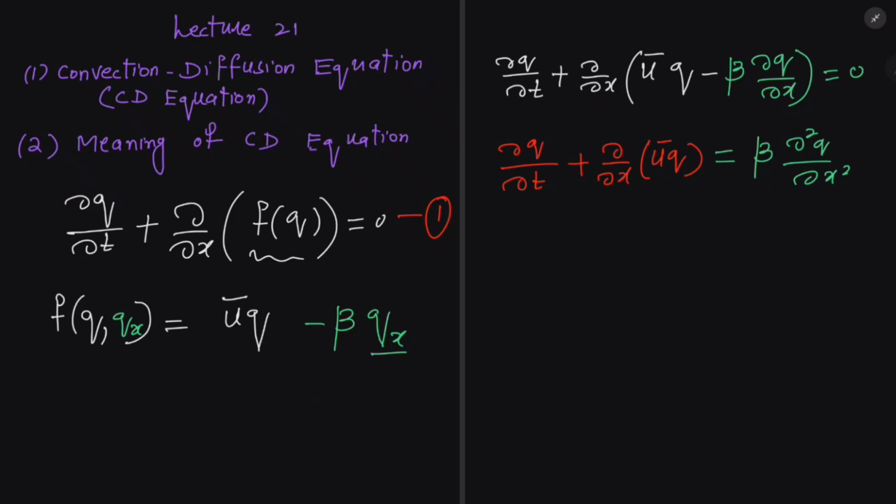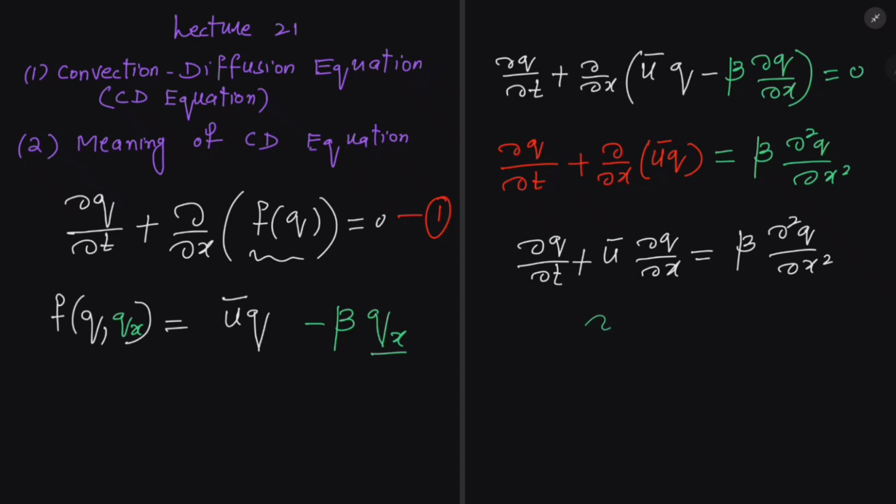So this becomes partial q by partial t, and we can see that u bar is just a constant, so it comes out of the derivative, and we have u bar partial q by partial x is equal to beta partial square q by partial x square.